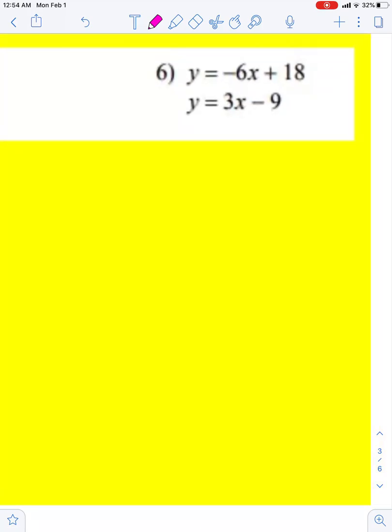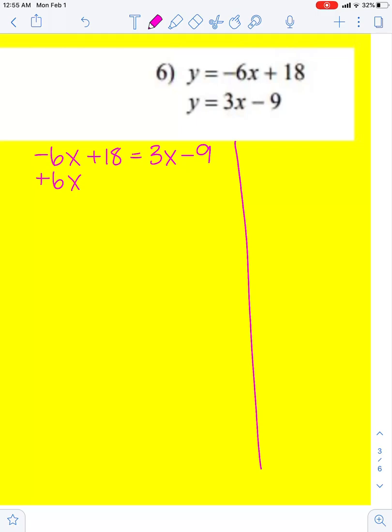Over here, I have negative 6x plus 18, and that will be equal to y is equal to, sorry, just 3x minus 9. So I'm going to go ahead and add 6x to both sides, and that will give me that 18 is equal to 9x minus 9.